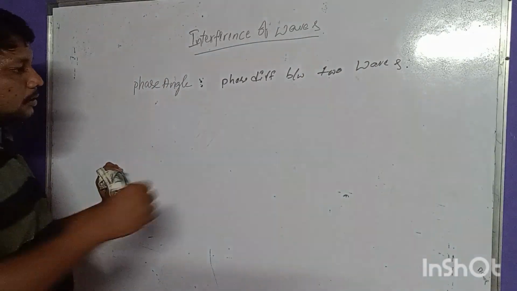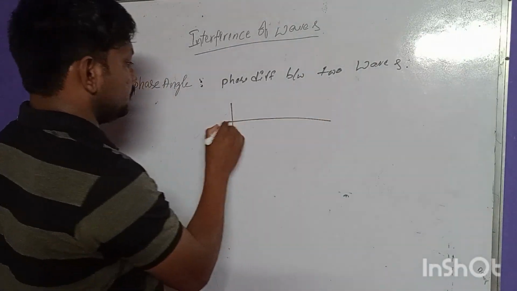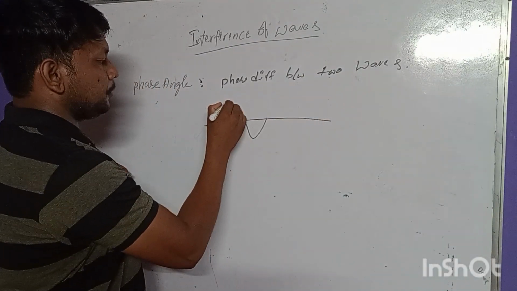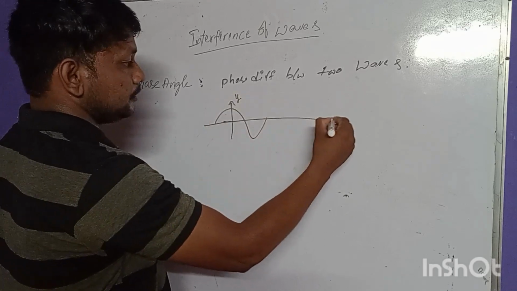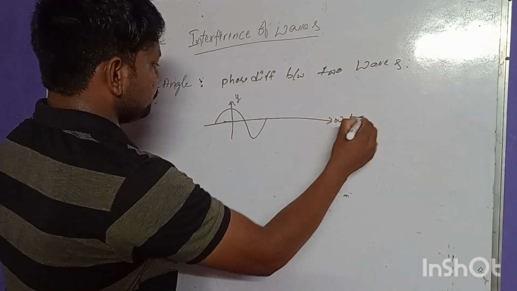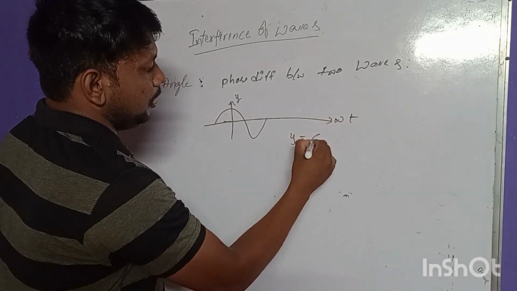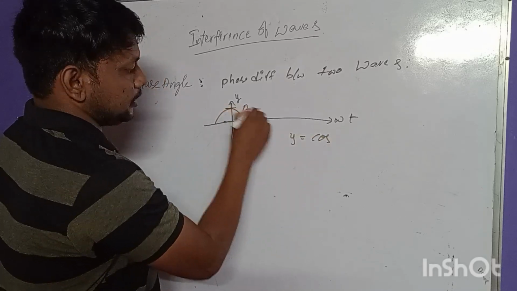Okay, let's say y is equal to a cos omega t.